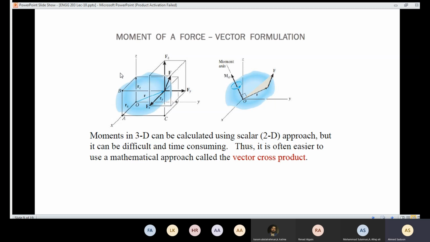And that is very difficult to do. Actually, it's confusing, and most of the time you are going to make a mistake. That is why the proposal of using the vector cross product here was successful.